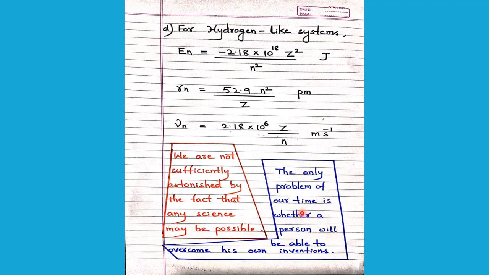But other scientists will see it in a different way. Either the previous scientist has to overcome his inventions or he has to leave it to the next person. That means science is dynamic, chemistry is dynamic. It has to move from person to person and from year to year, so new ideas have to come out. That is the meaning of this statement.